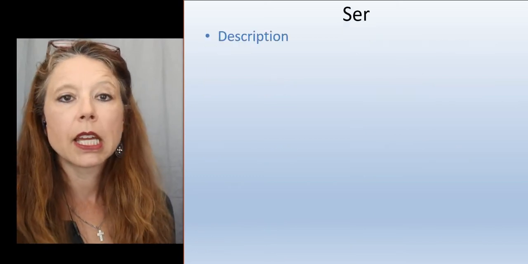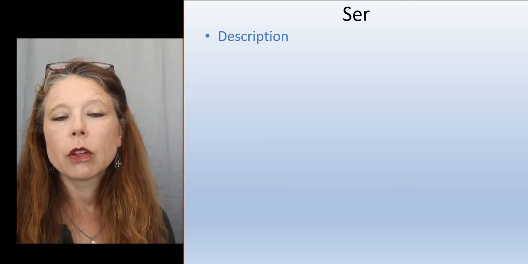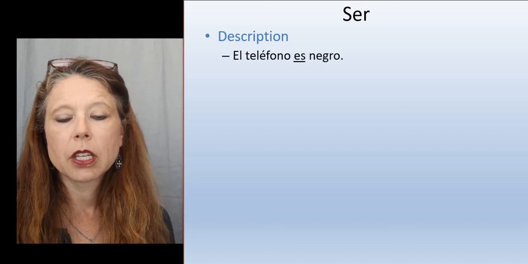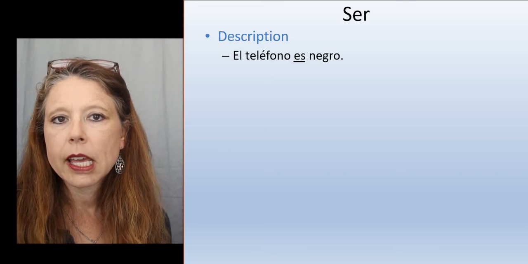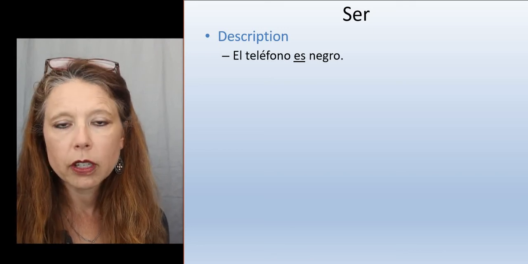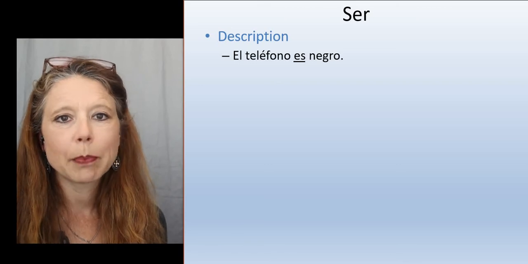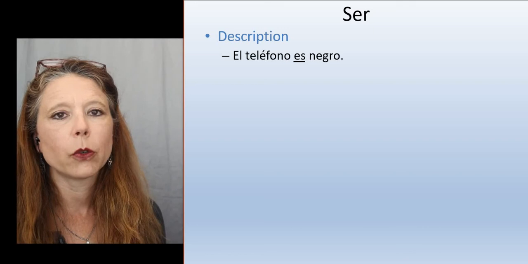So let's look at occasions when we would use the verb ser. We talked about description. So you could say, el teléfono es negro. The telephone is black. We're describing how the telephone is.